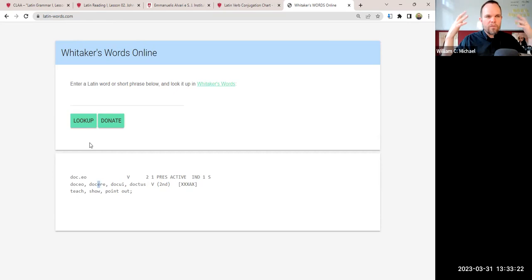So all of the Roman Latin speakers would know it's a second conjugation verb because of how it's said. They wouldn't need a long sign. They would know by how it sounds. Docere, it's second conjugation. The first person singular is doceo, and the accent is on that E because it's long.